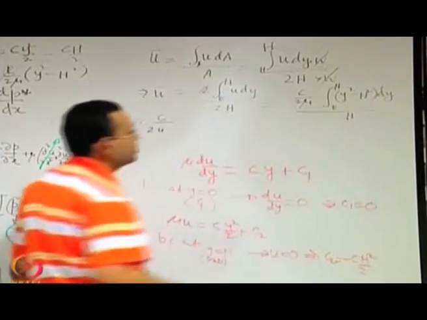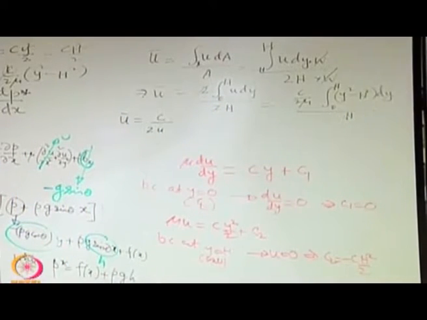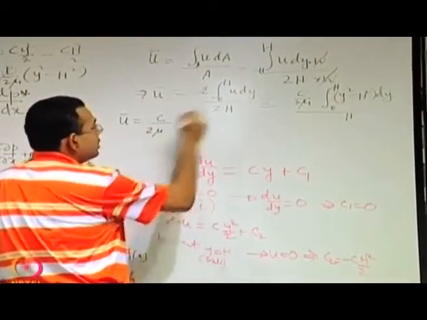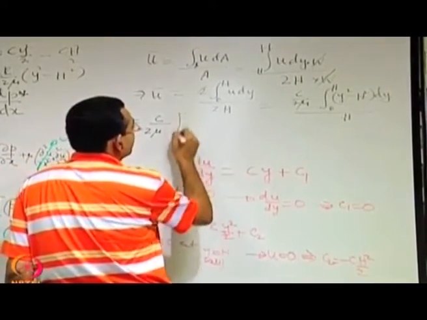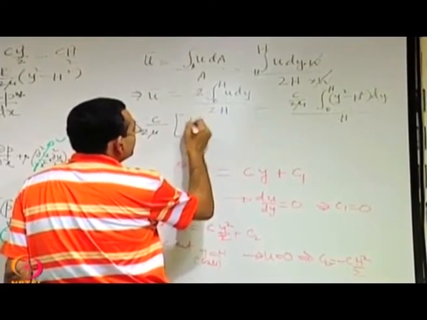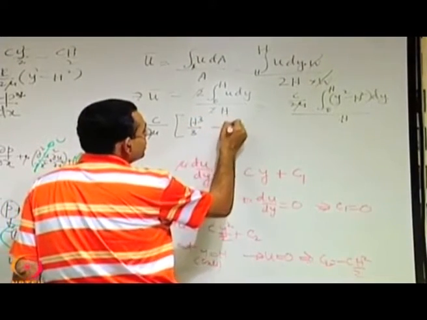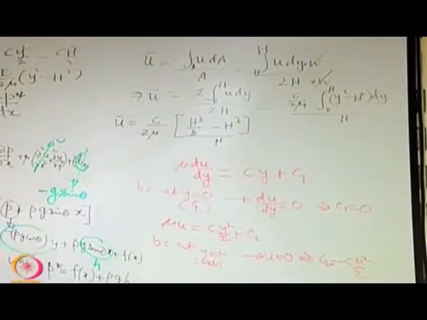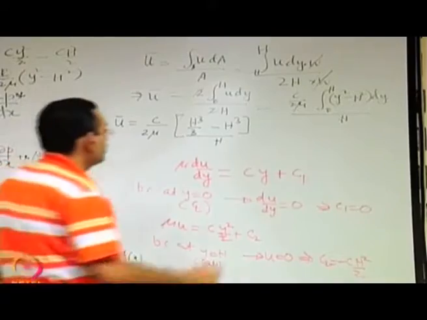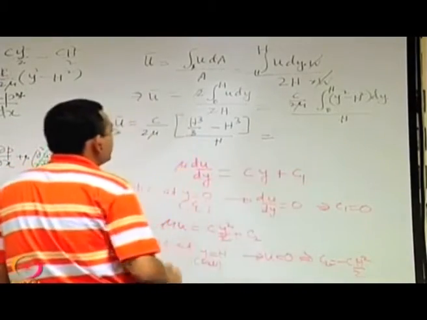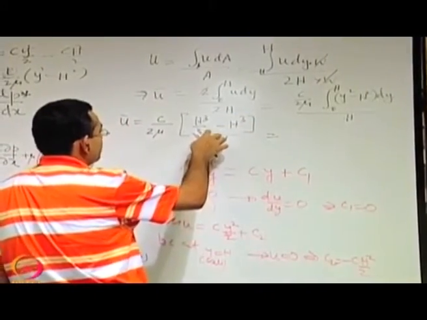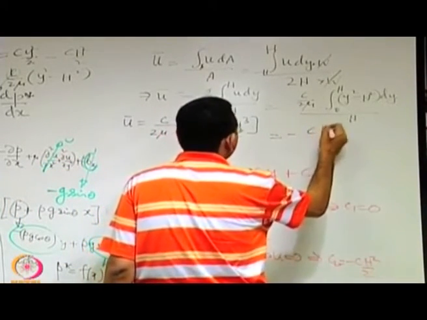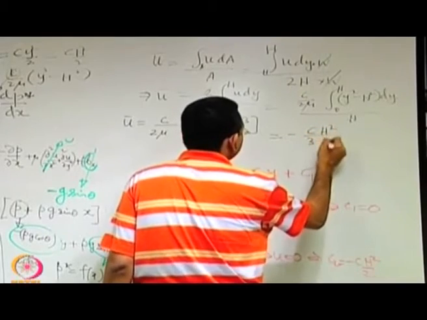This 2 is not there because it is already cancelled. So c by 2 mu into the integral of that, so h cube by 3 minus h cube, that divided by h, right. So this becomes 2/3 minus of 2/3, so that becomes minus ch square by 3 mu.